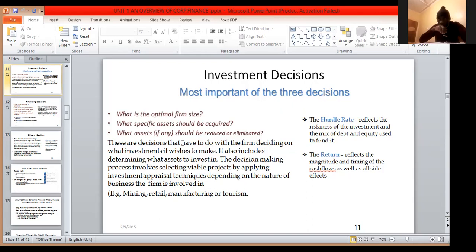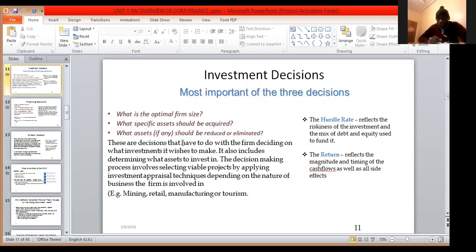So these are decisions that have to do with the firm deciding on what investments it wishes to make. It also includes determining what assets to invest in. And the decision-making process involves selecting viable projects by applying investment appraisal techniques, depending on the nature of business the firm is involved in.